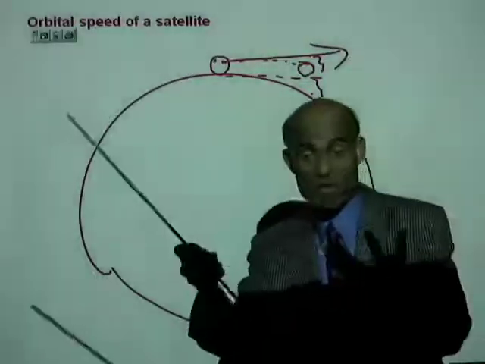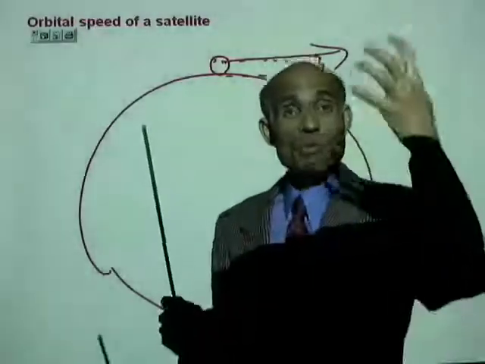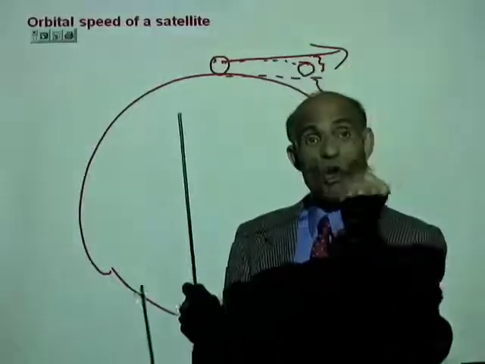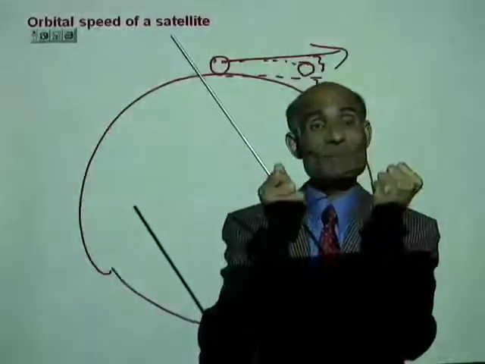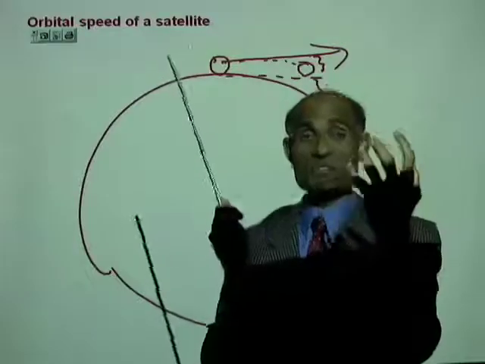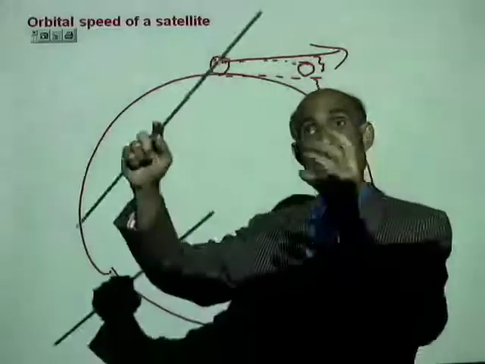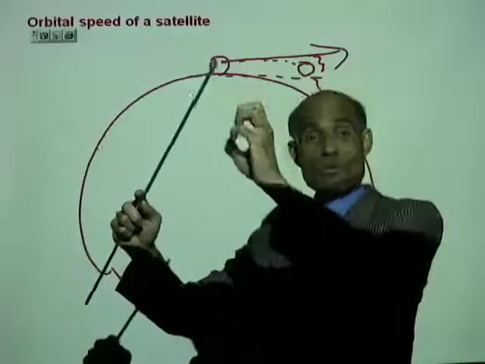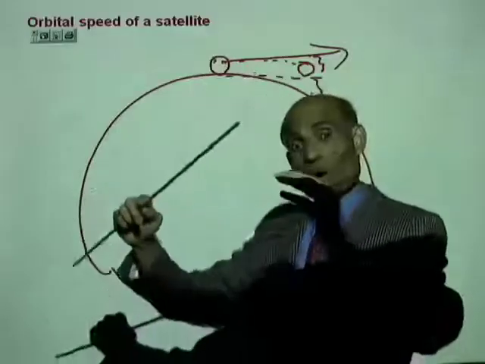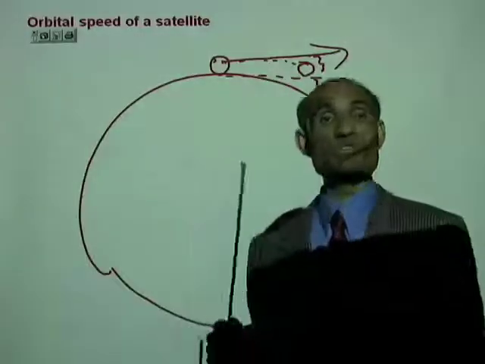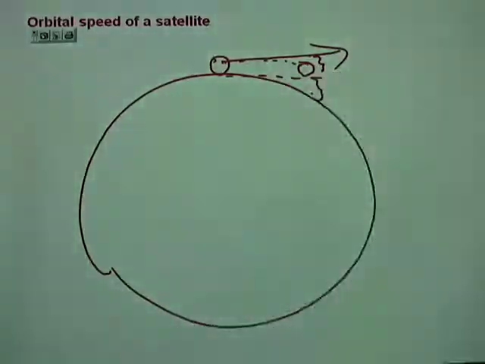In fact, that is what our moon does. The moon is continuously falling towards the Earth. But because it has sufficient speed, the amount of fall of the moon equals the amount of fall of the surface of the Earth. And therefore, the moon goes round the Earth in an orbit.